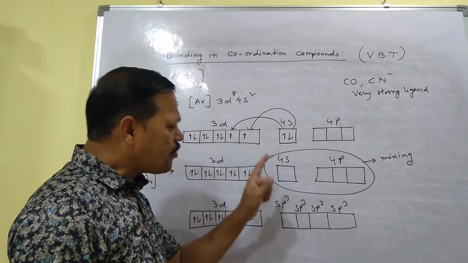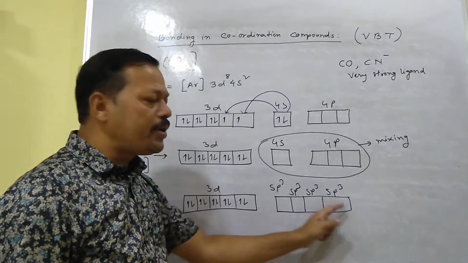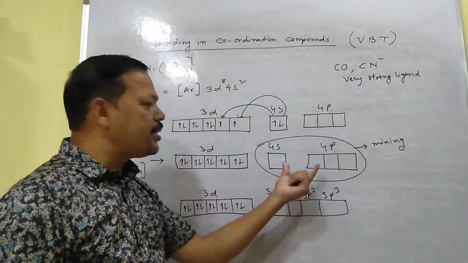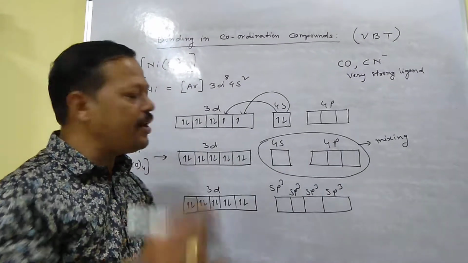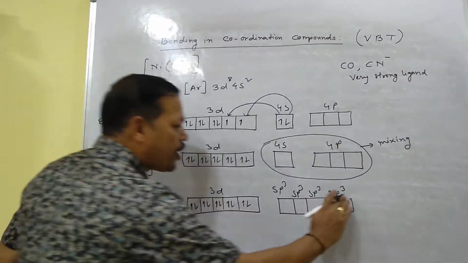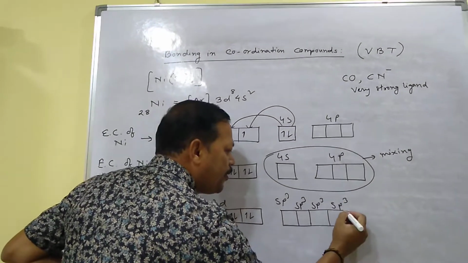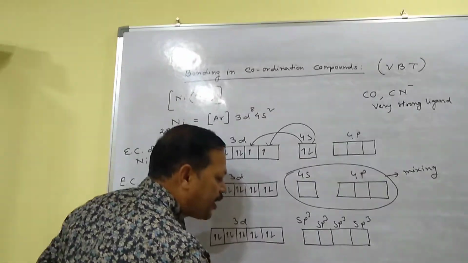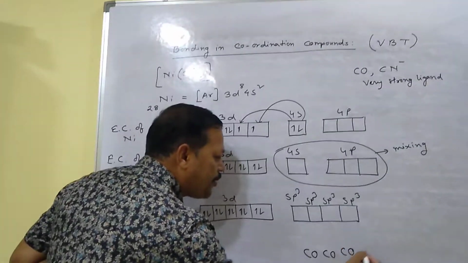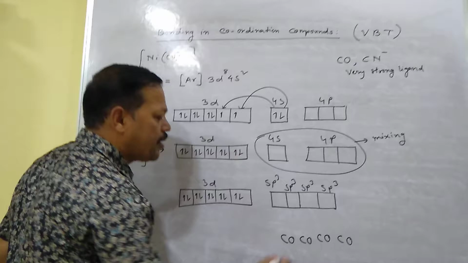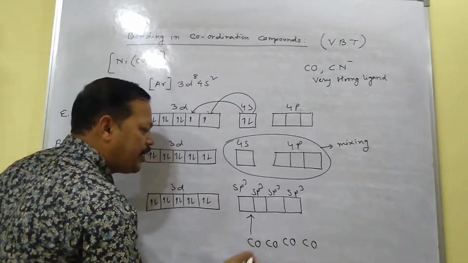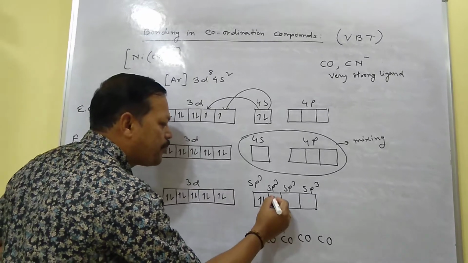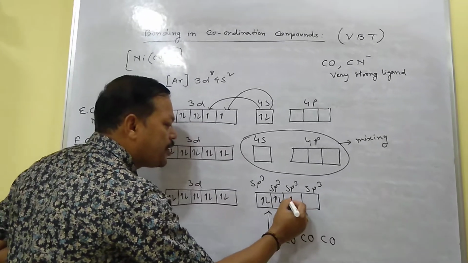And why does it form 4 orbitals? Because 4 orbitals are involved in mixing. The number of hybrid orbitals produced is equal to the number of orbitals involved in mixing. After production of these 4 hybrid orbitals, the ligand will come. What is our ligand? Carbon monoxide. Carbon monoxide donates the electron pair to the metal, and the electron pair enters the vacant hybrid orbital of the metal.